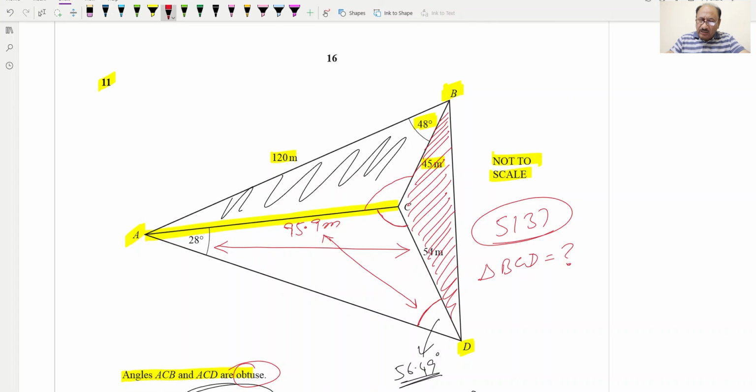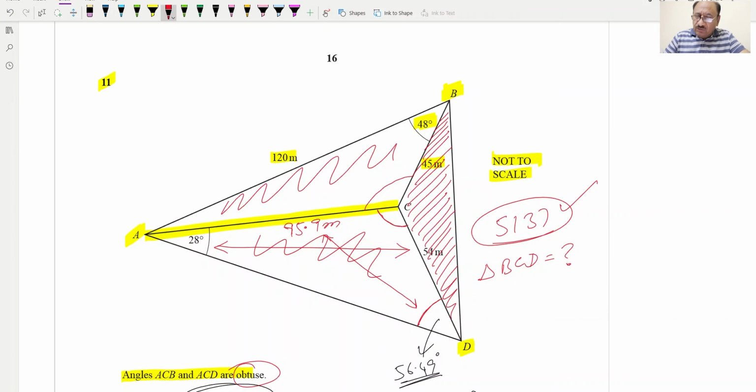This will be our strategy. We will be using this given figure, and we will be finding the area of this triangle, and area of this triangle we will find, and subtract from this number which is provided.